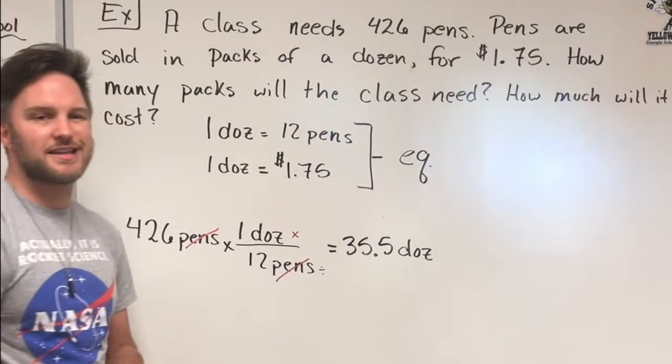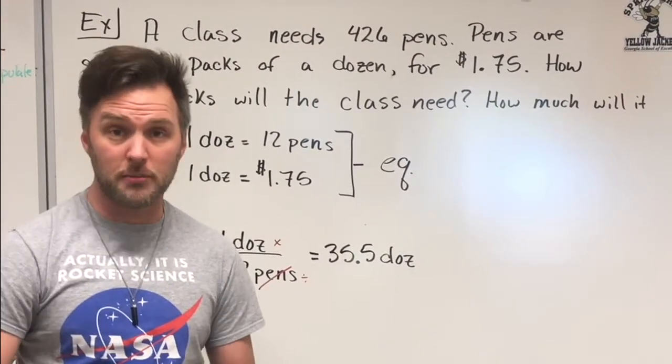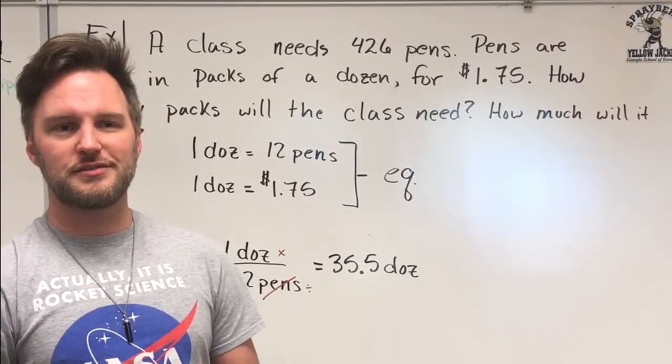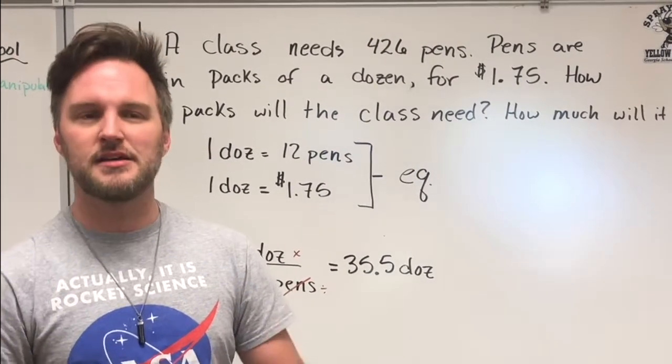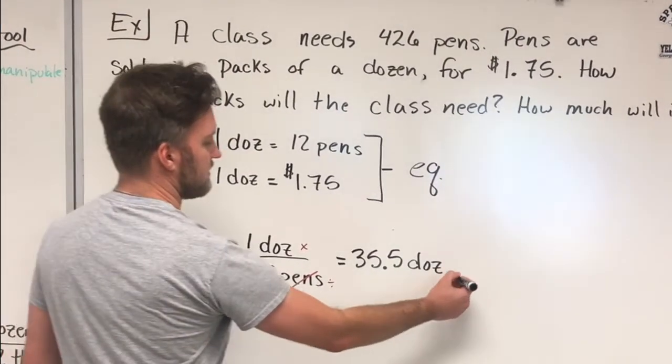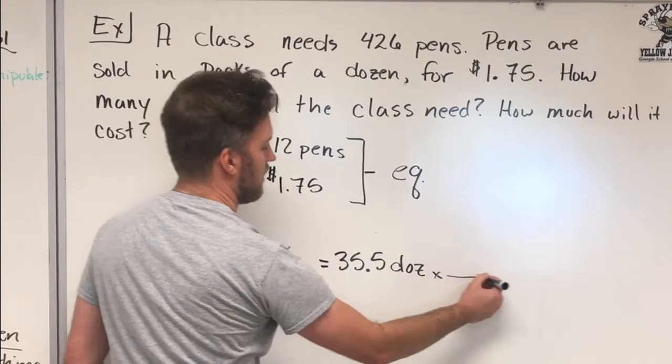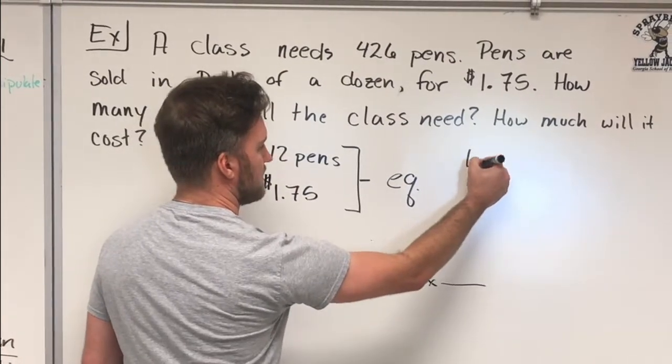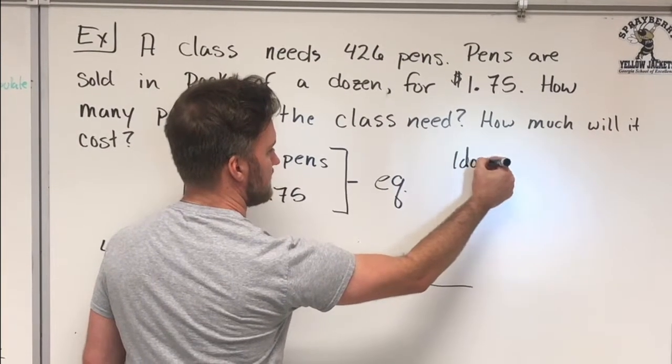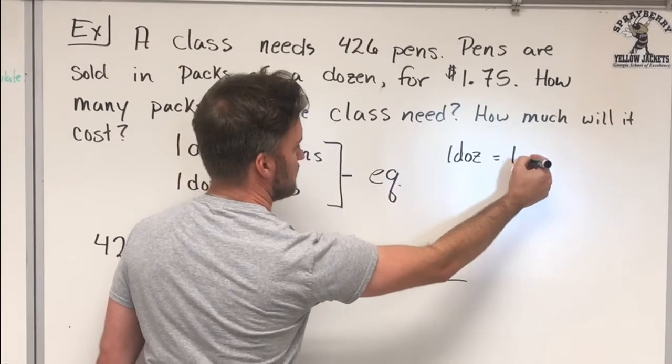Now, if we wanted to take this one step further and be even more meticulous, we could convert dozen to packs. But we'll see in that case, I know that if I have 1 dozen pens, that's equal to 1 pack.